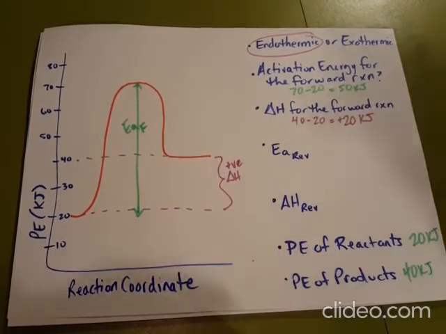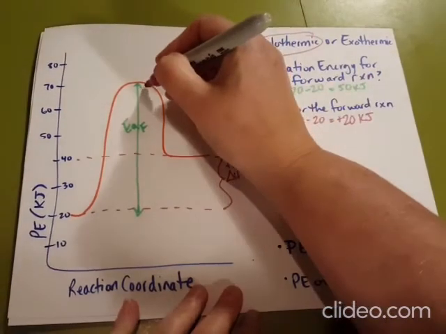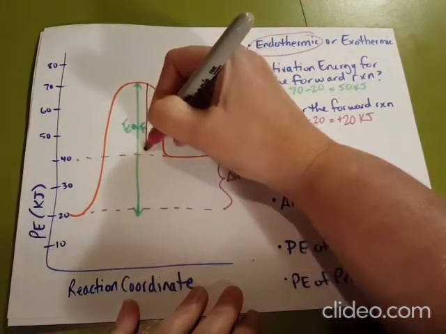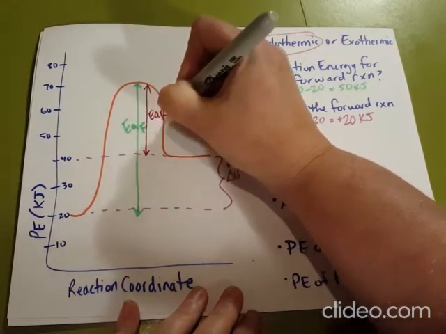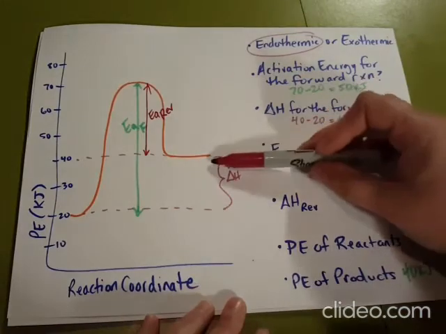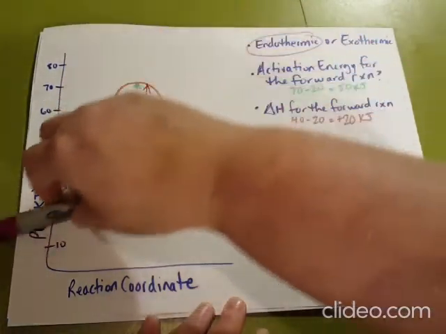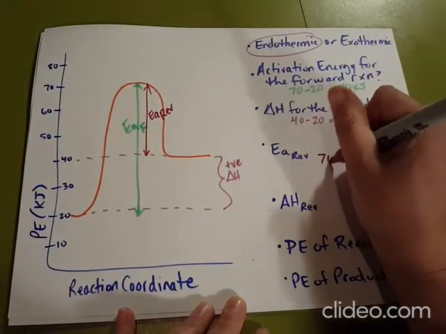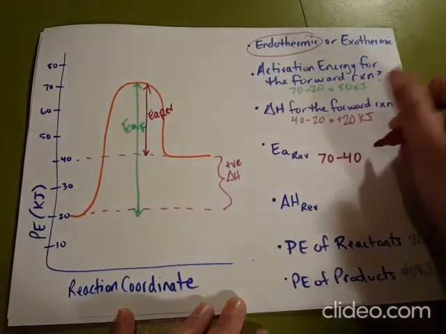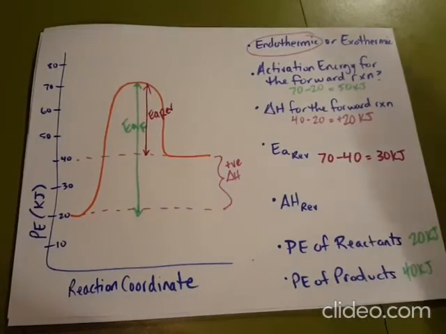If we look in reverse, we can see an activation energy here. So this is now our reactants, a slightly lower hump to get over. So we would compare 70 minus 40. So 30 kilojoules are required for the reverse reaction.